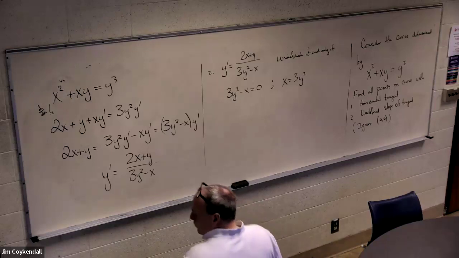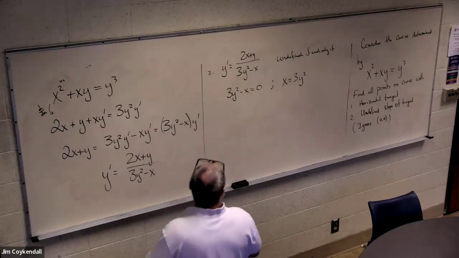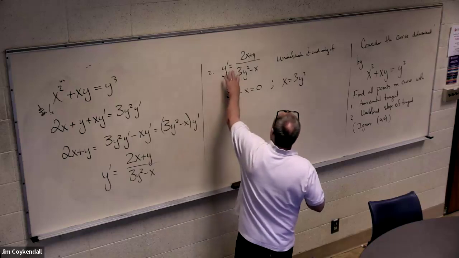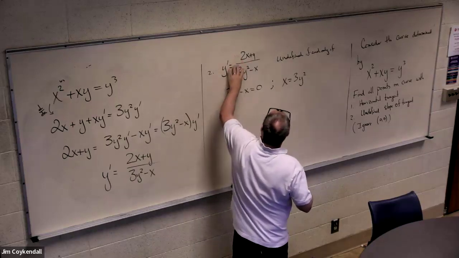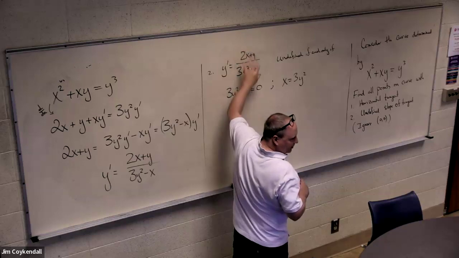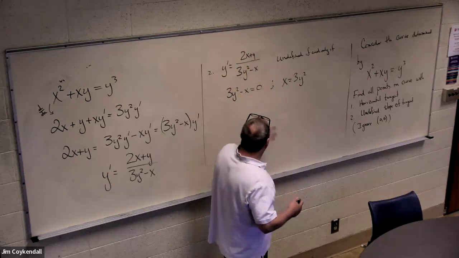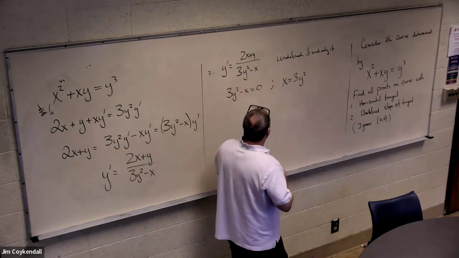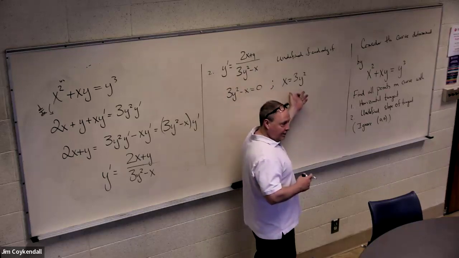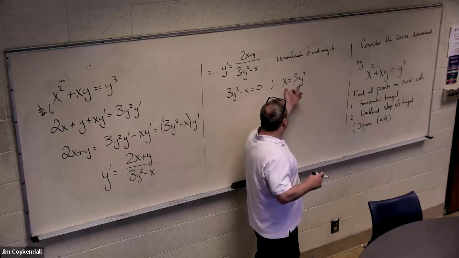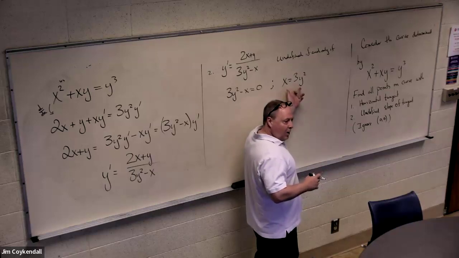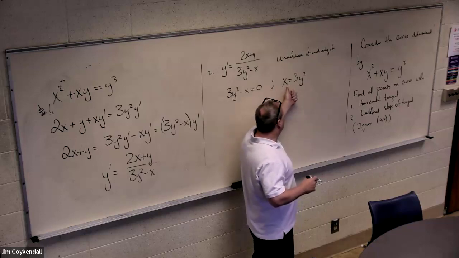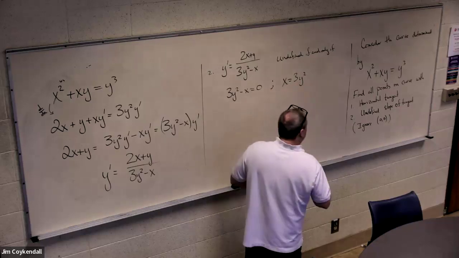Okay, folks. We got one more thing that I want to do. But let's get this out. So this is the same problem as before, except now instead of saying the numerator is zero, now we're saying, if it's undefined, the x coordinate has to be 3 times the square of the y coordinate.